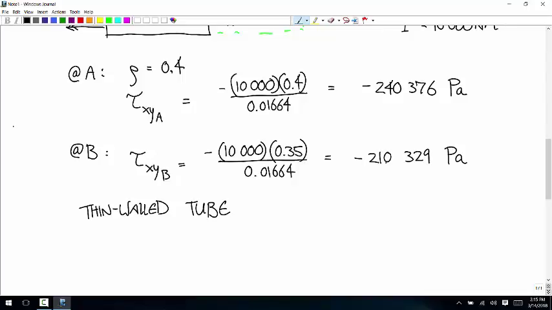But let's say that we get an answer of negative 225,000 pascals. Then even though we're 15,000 pascals too big there, 15,000 pascals too small there, we're still within 10% for our answer.